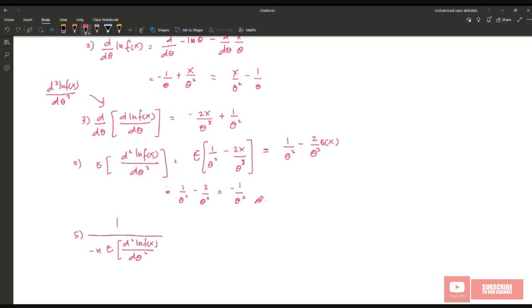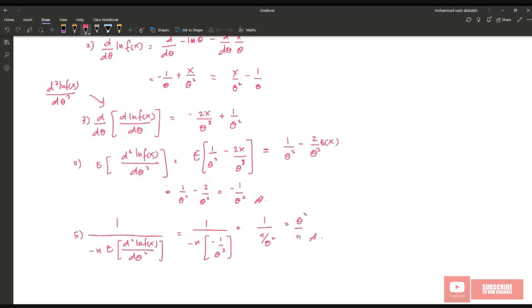So this is the first formula that I use. This one should be 1 over negative n times negative 1 over theta squared. So this is equal to 1 over n over theta squared, which equals theta squared over n.